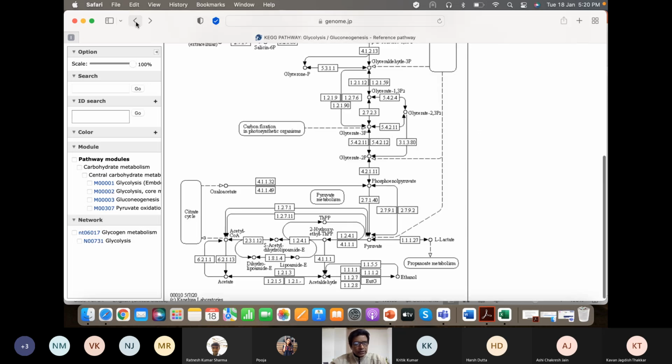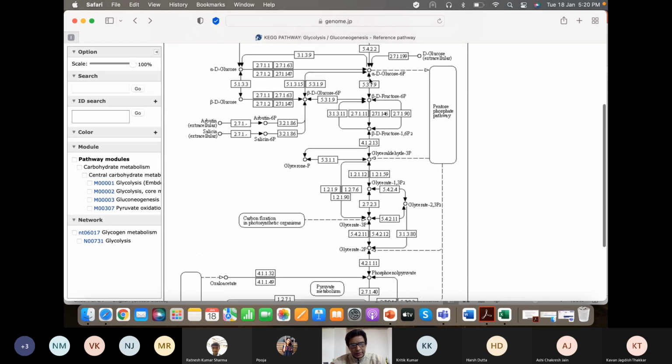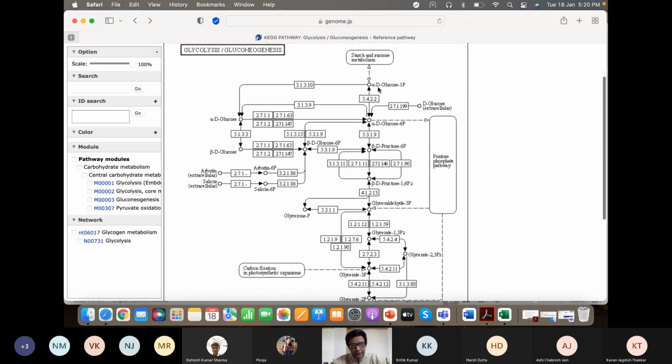All right. So this is the pathway, and you can see the way these pathways have been constructed here. If I just look at this, for example, from here to here, glucose 6-phosphate, there is a hexokinase which will be the enzyme here. So there is an enzyme that is associated, and there is a beginning point and the end point.